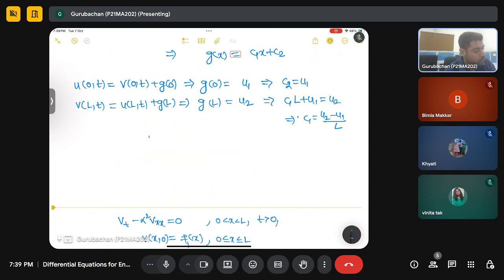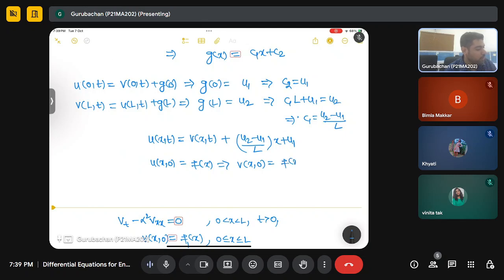From here you got that uxt is vxt plus u2 minus u1 divided by l times x plus u1, and you have given ux0 is some fx, which implies vx0 is equal to fx minus u2 minus u1 by l times x minus u1.